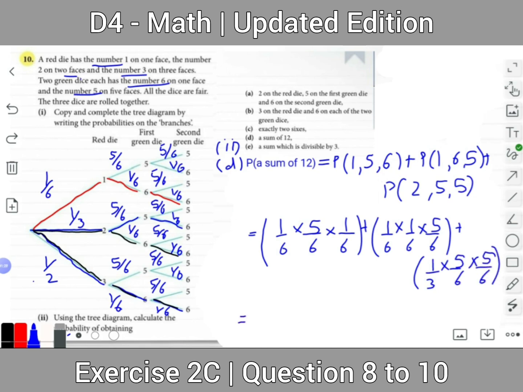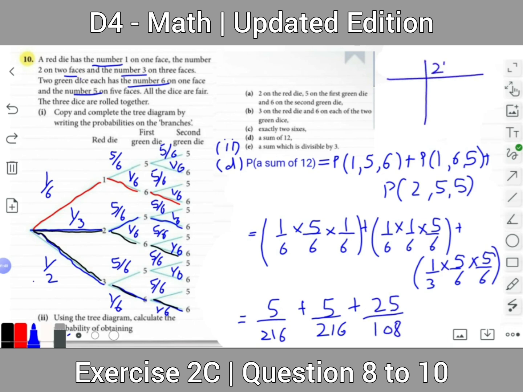Now we have 5 over 216 after multiplication. Again we have 5 over 216, and here we have 25 over 108. Now we are getting the LCM of 216 and 108. So here we have 2 ones are 2 and 2 5s are 10 and 2 8s, and again 2 5s are 10 and 2 4s are 8.